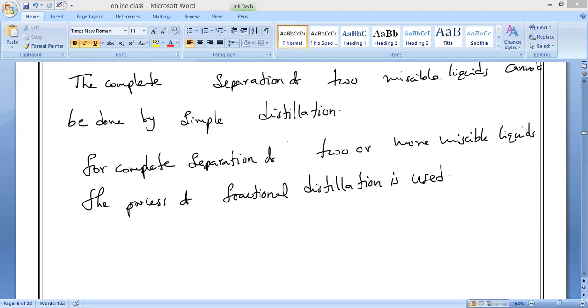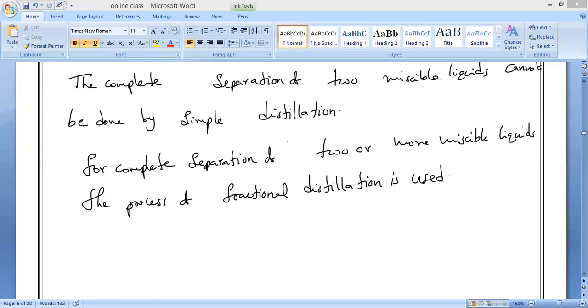So if the boiling points are very close or more than one miscible liquid is there, which technique will we use? Fractional distillation. Remember, if the boiling point difference is larger, we can go with simple distillation.